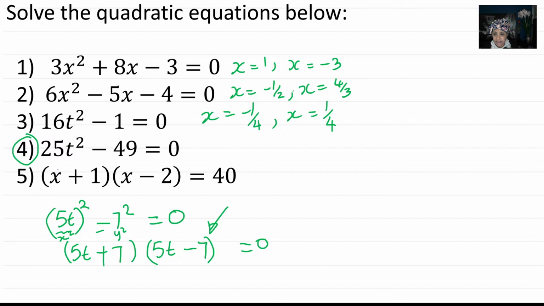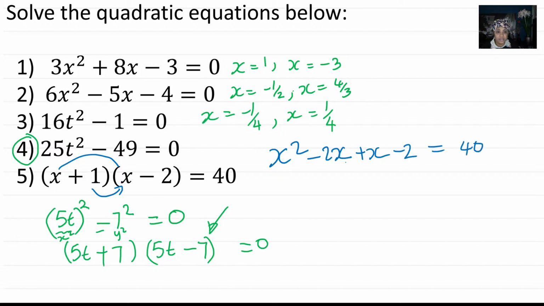So x times x, that's x squared. And then x times negative 2 is negative 2x. And then positive 1 times x, so that's going to be plus x. And then positive 1 times negative 2, that's negative 2, equals to 40.